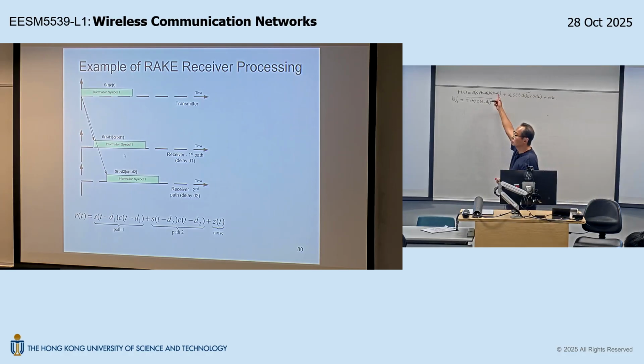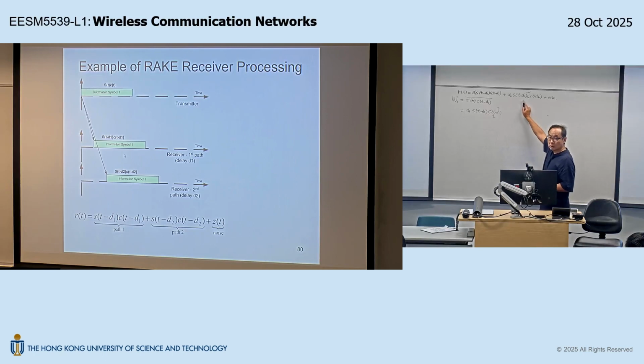Now if you do this, you substitute into this equation, you get three terms. The first term is a good term, alpha 1, S(t minus D1), and then C squared (t minus D1), which is a 1, right?